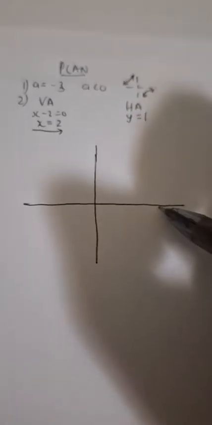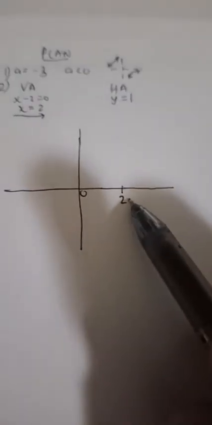Then we can draw in the asymptotes on our Cartesian plane. So x is equal to 2 on the Cartesian plane is on the positive side of the x-axis. So we have 0, which is the origin, 1, 2. Let's make sure that we locate where 2 is.